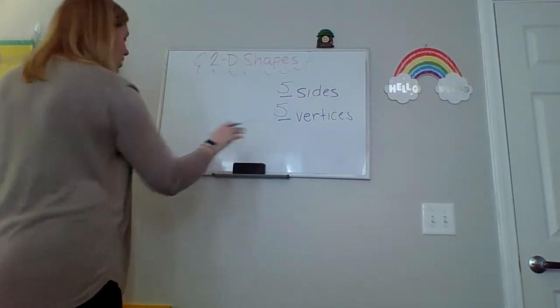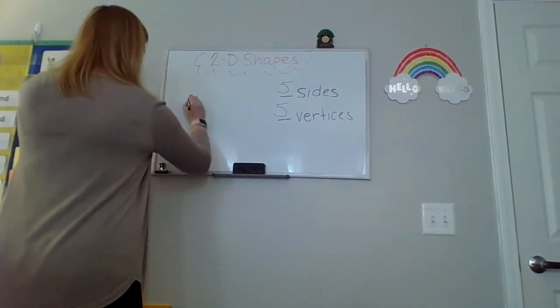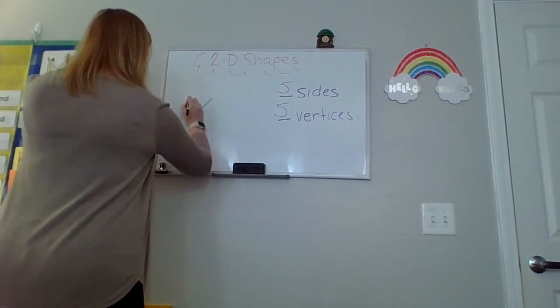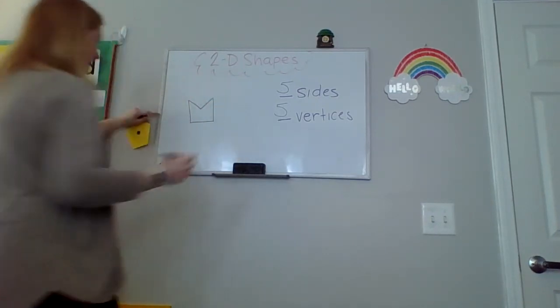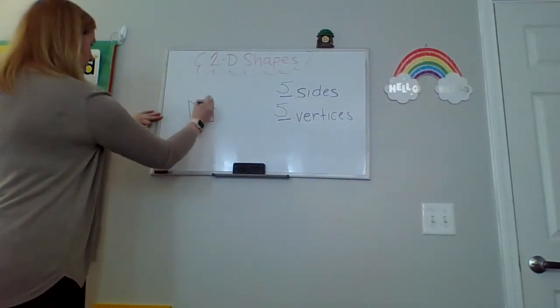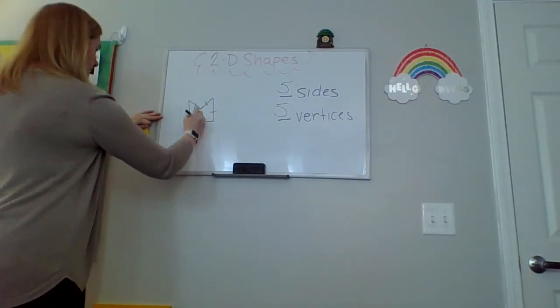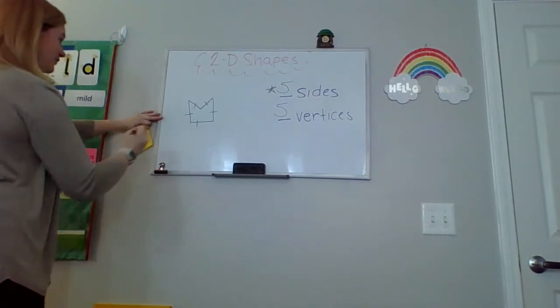Okay? I'm going to draw a pentagon again, and you're going to tell me if it's a pentagon. Is that a pentagon? Okay. 1, 2, 3, 4, 5. So I have 5 sides.